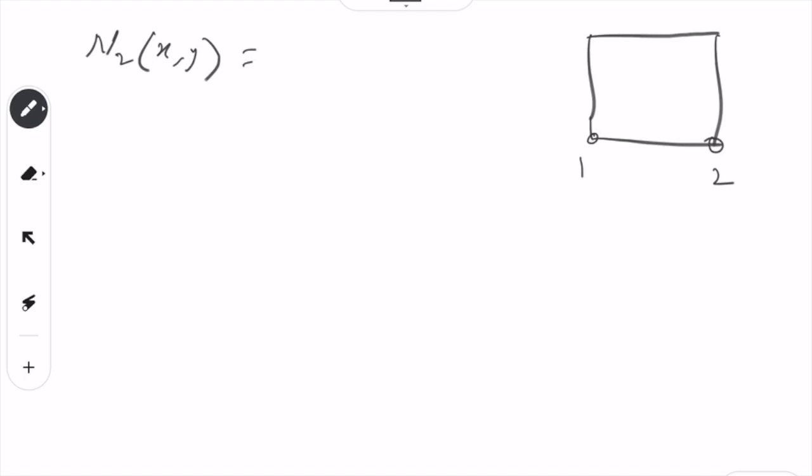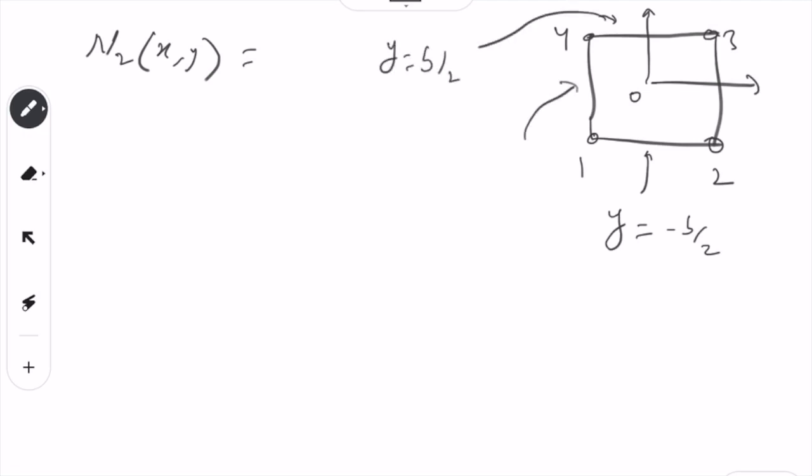So 1, 2, 3 and 4, this is 0, and we have the equations: this line is y equal to minus b over 2, this one is y equal to b over 2, here x equal to minus a over 2, here x equal to a over 2. These are the equations of the lines I wrote.